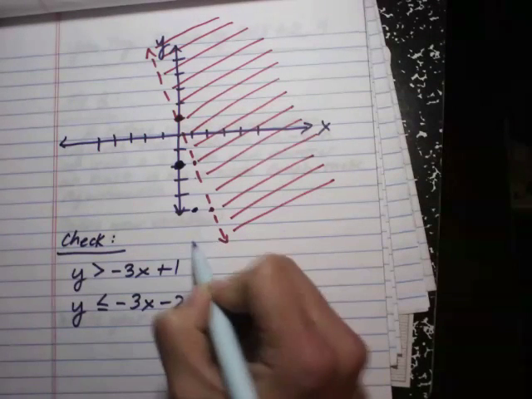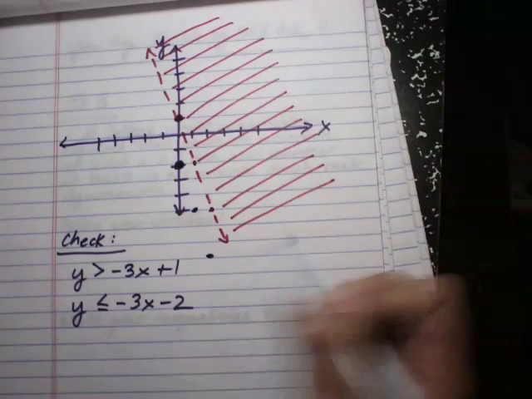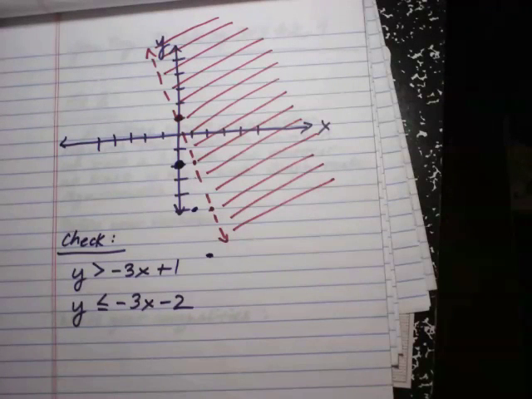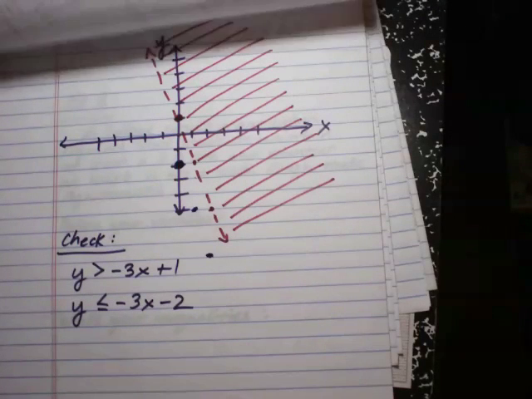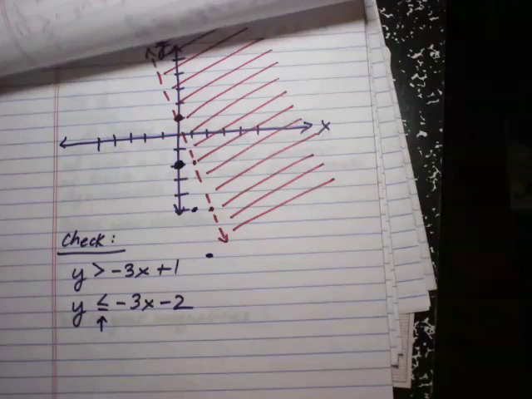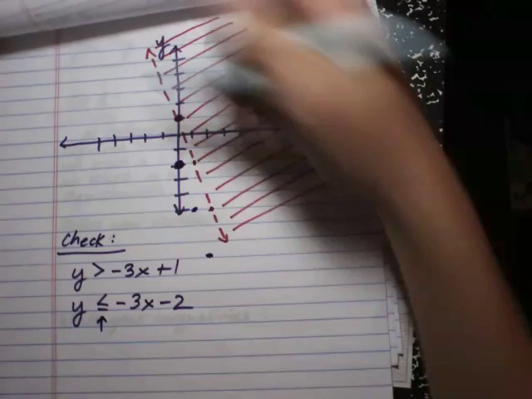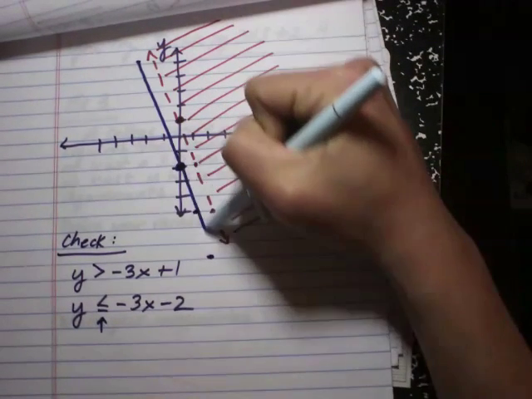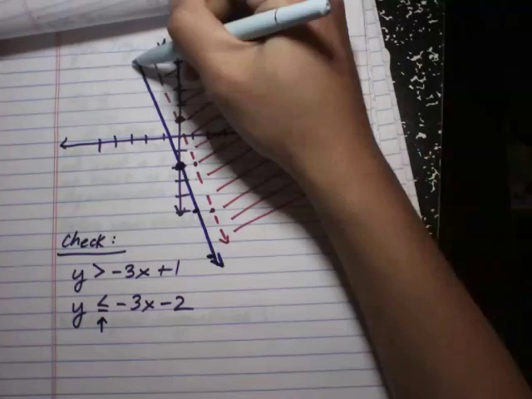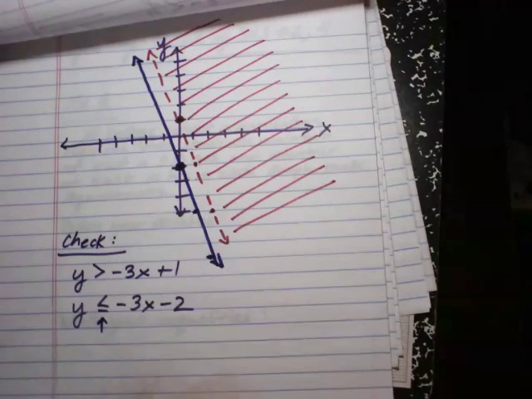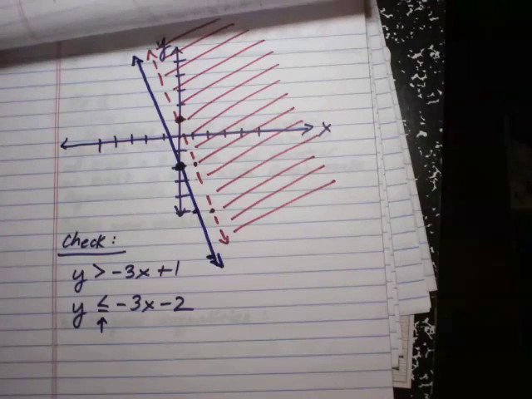We have the same slope, so we do expect that these lines will be parallel. Let's double check our inequality. It is a less than or equal to sign, so we're going to make a solid line this time. And just like the slope suggests, it is going to be parallel to your first inequality.